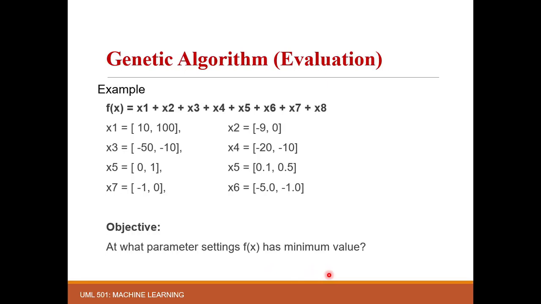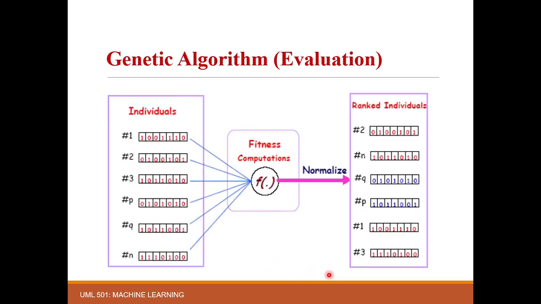Or you can also say that the fitness function is a type of black box in which you give some input as your individuals, and in the output you get ranked individuals, that is, ranked according to the fitness value. That means how fit the first individual is, how fit the second individual is, how fit the third individual is.